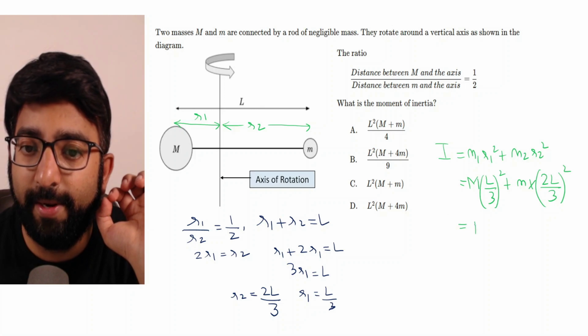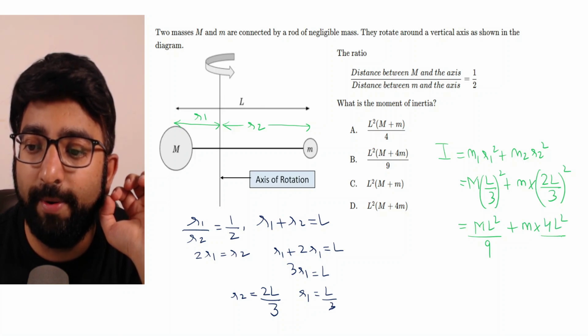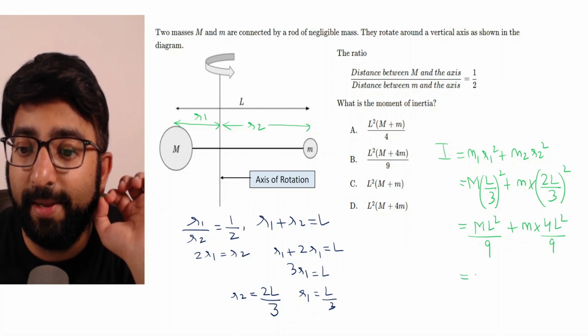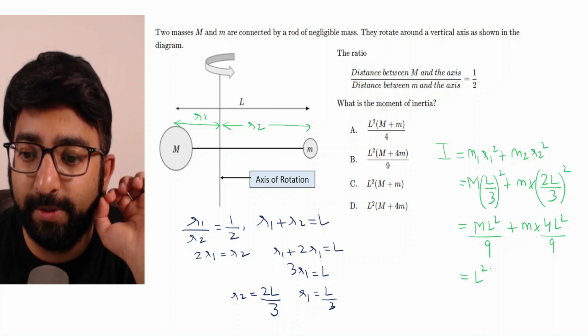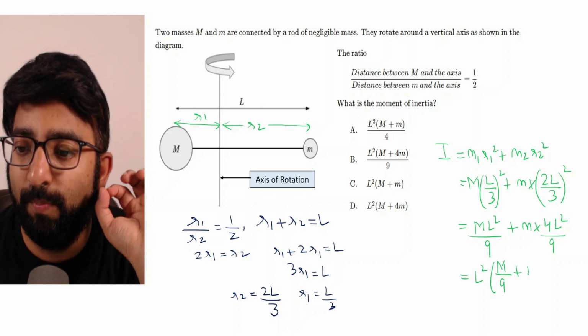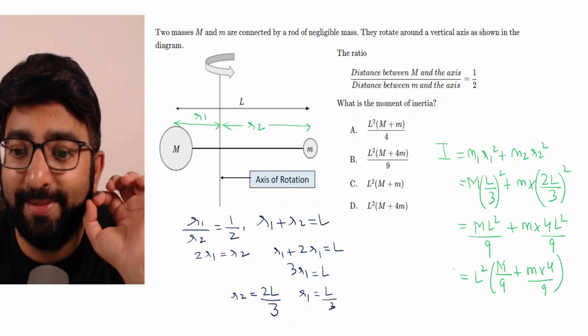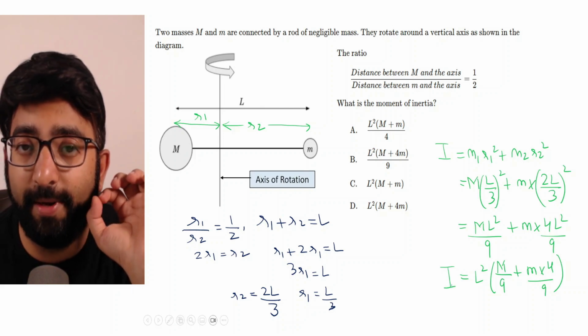Let's solve this. We'll get M L square upon 9 plus small m into 4L square upon 9. Now let us take L square as common. We will get M upon 9 plus small m into 4 upon 9 in the bracket. And this is the moment of inertia of this entire system.